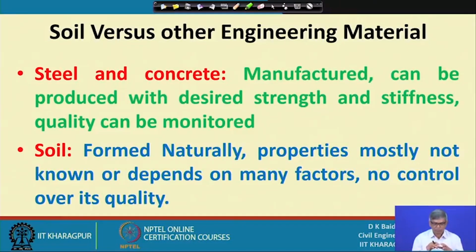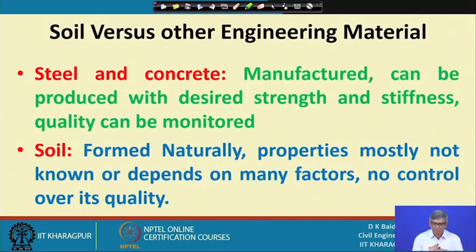So, this is the case with other civil engineering materials, whereas soil is generally formed naturally, as I have already explained, and its properties are mostly not known, or if known, maybe only qualitatively known.